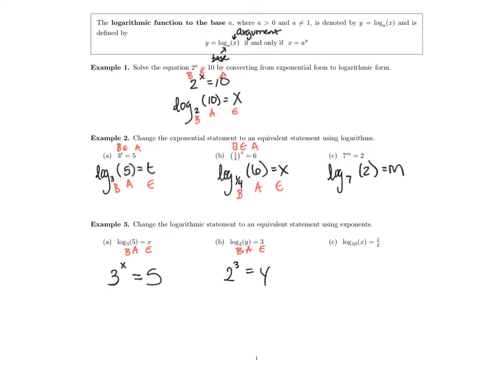So 2 to the power of 3 is equal to y, or 8 is equal to y. And then in our last one, we can say that 10 to the power of 1/2 is equal to x, or we also know that we can rewrite that as the square root of 10 is equal to x. So this is practicing using our rearrangement rule or log bay rule in both directions.